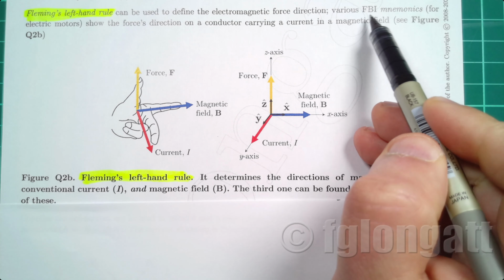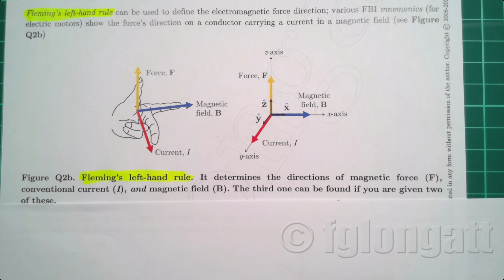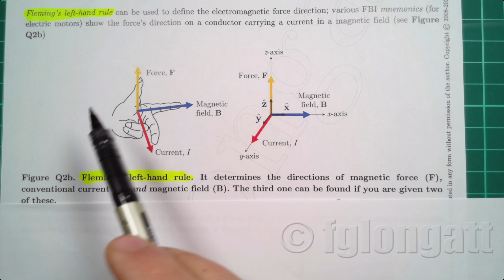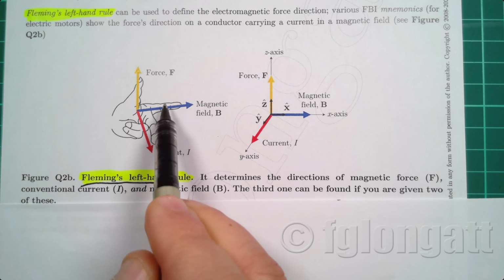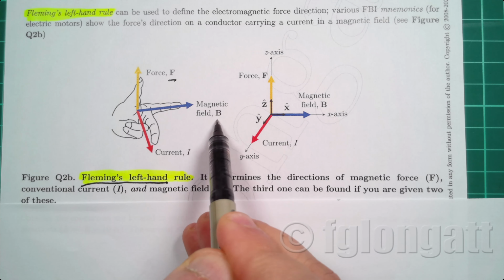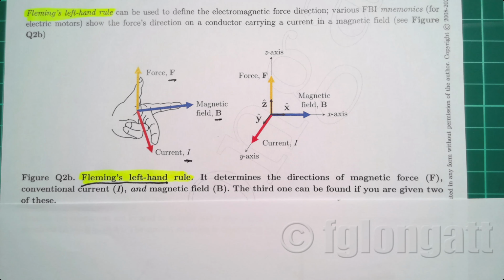Is what we call the mnemonic FBI, okay? FBI is not related with the law enforcement institution in the US. It's basically force, magnetic field, and current. So if you remember, the Fleming left-hand rule basically says you use the thumb for the force, the index for the magnetic field density, and the current on the middle finger, okay?